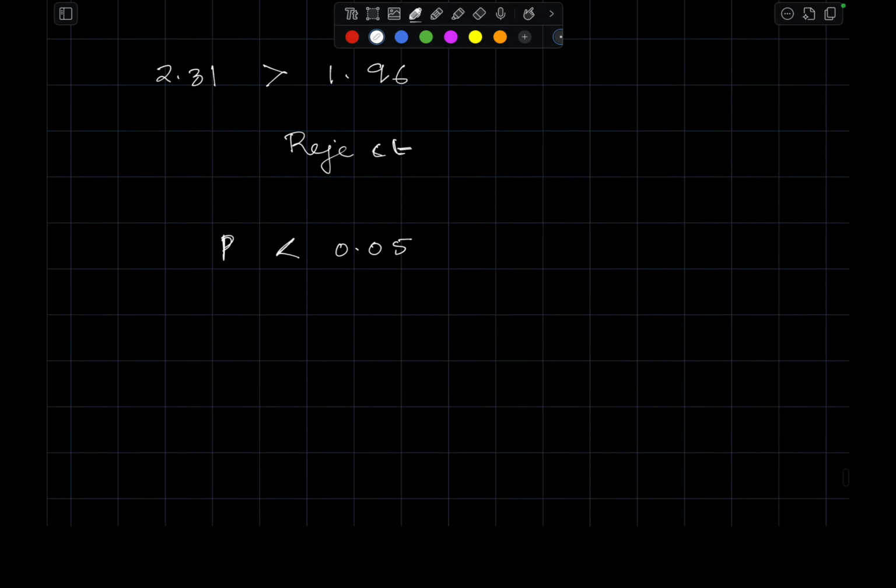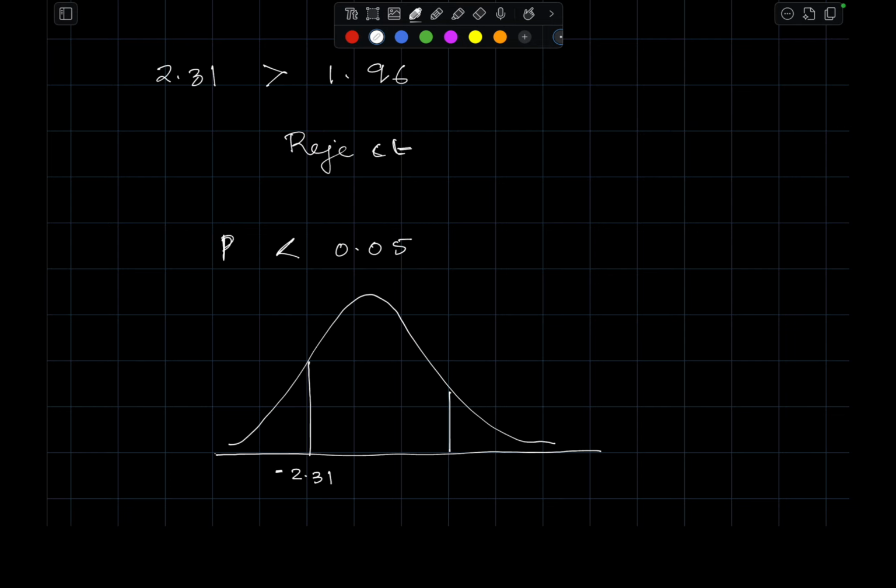And if we go again into the Z table, the calculation is very tricky and a little bit complex, I understand that. So if we go back into the Z table, we understood that 2.31 is the particular Z value which we got from the data which we had in hand. So this side we are taking as minus 2.31, and this side as 2.31.